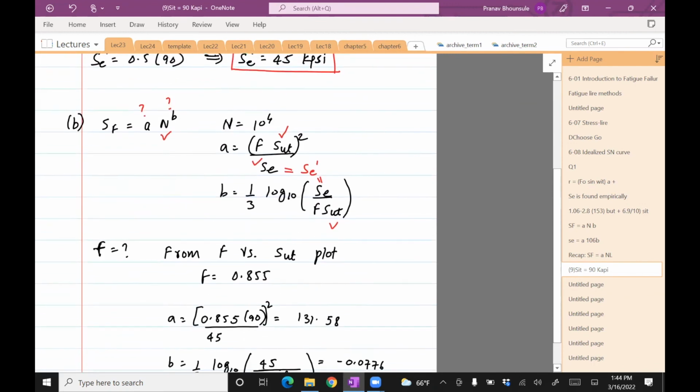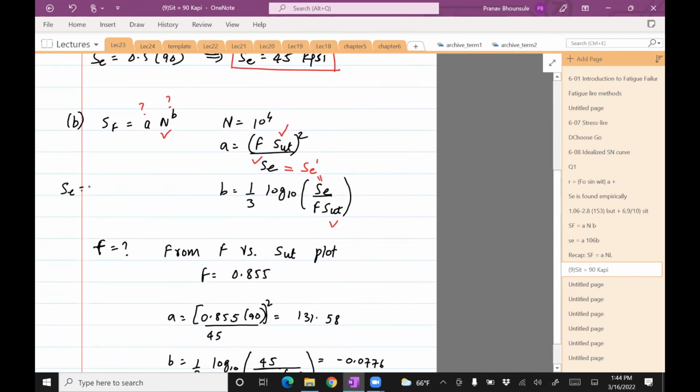SE is SE prime for a test specimen. In other words, if you're dealing with an experimental setup where you have that nicely machined element, then SE is SE prime. When you actually make a machine element and it is embedded in your machine, the SE for that machine element will be different from the test specimen.